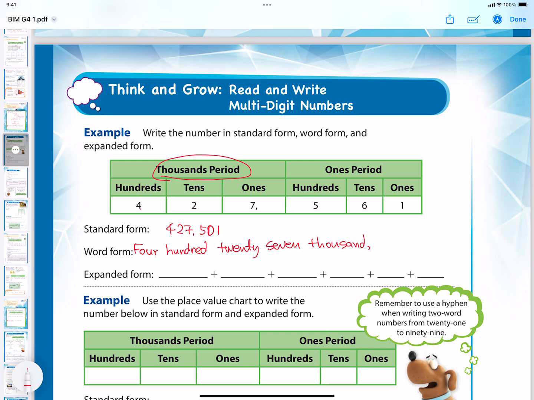And in between 20 and 7, there is what? The digit place value, which is 100 or 1,000. 27 is not talking about this 100 or 1,000, which is not talking about this place value. At that time, you have to use hyphen. This is hyphen. Okay, hyphen is what? This dash. And let's move on to ones period.